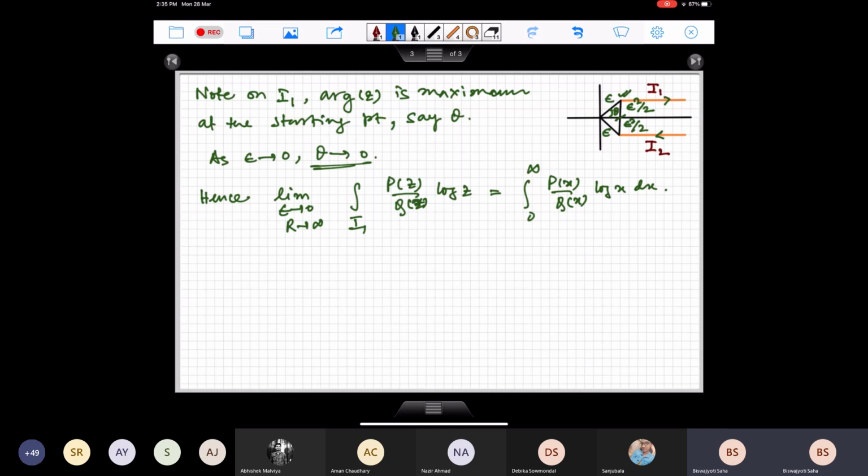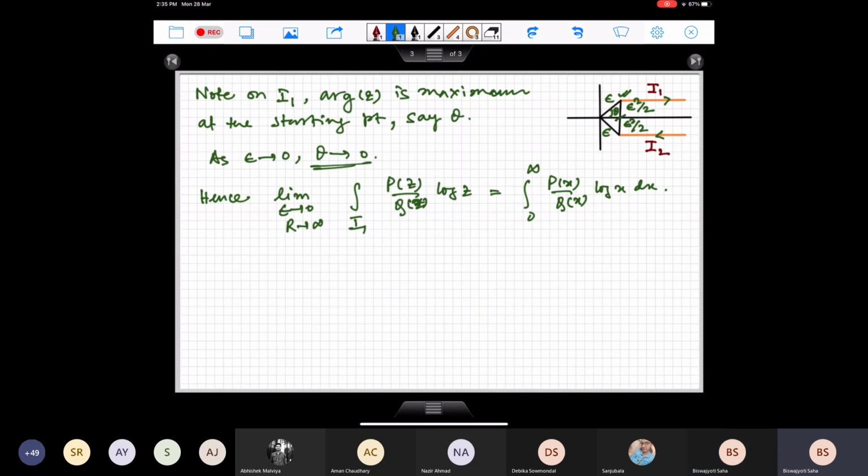Similarly, here I was talking about the argument on the upper half plane, its maximum and the starting point. Now, on the integral I2, if I take points further and further away on I2, the argument is going to increase more and more, and it's going to go to 2 pi.